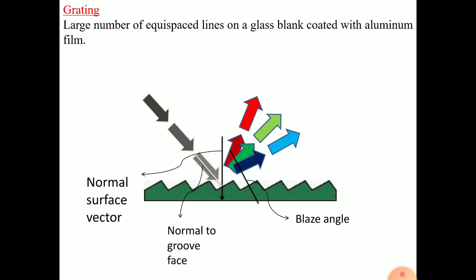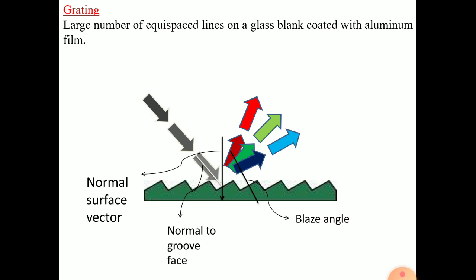Now gratings. Gratings are nothing but a large number of equispaced lines on a glass coated with aluminum film. Here the black platform represents the glass. Above the glass we are coating the aluminum film having equispaced groove-like structures. The black arrows represent the incident light.